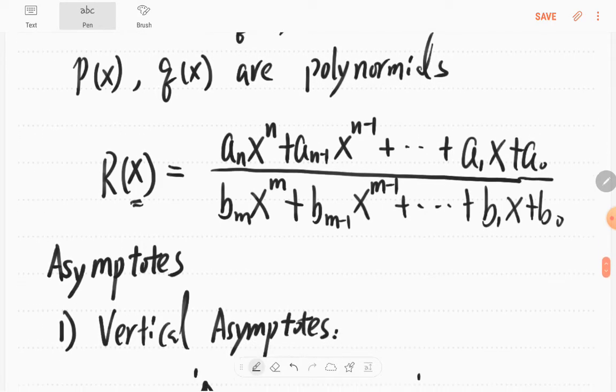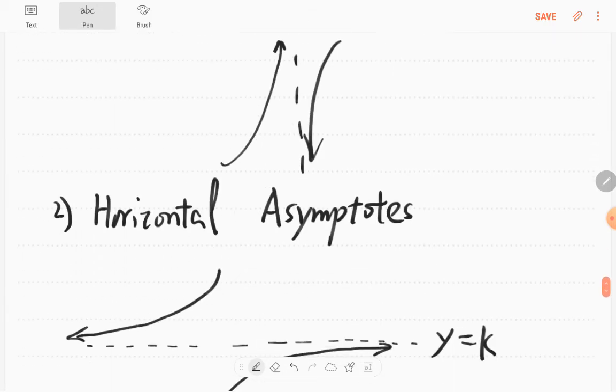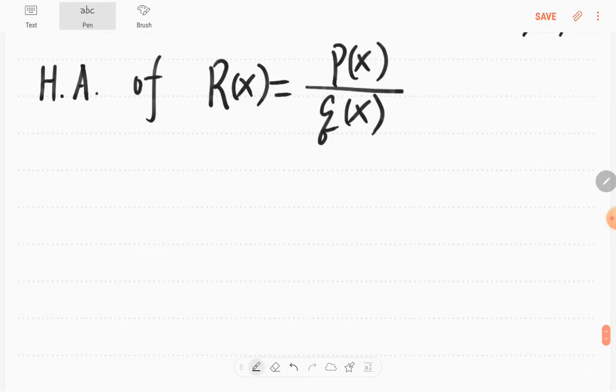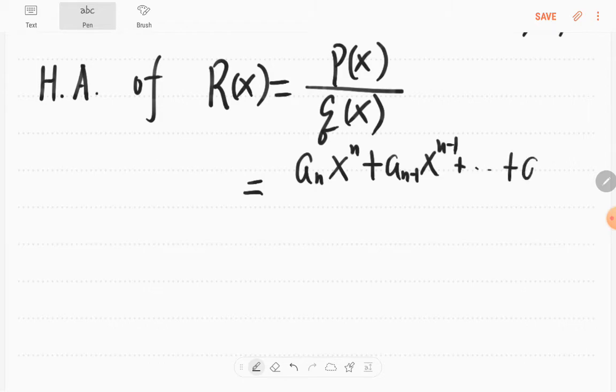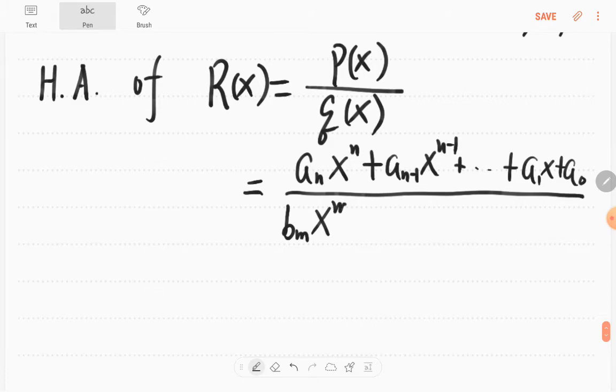So let's rewrite this one. It can be written as a sub n x to the n plus a sub n minus 1 x to the n minus 1 plus a1 x plus a sub 0. This is the top. Bottom: b sub m x to the m plus b sub m minus 1 x to the m minus 1 plus b1 x plus b sub 0.